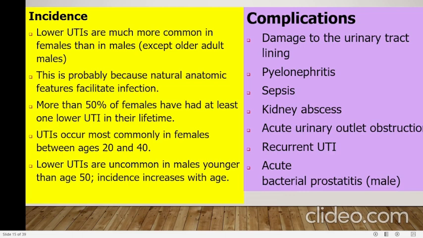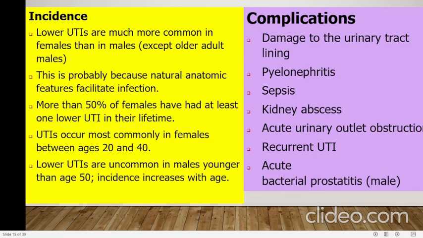Thank you so much. What are the complications of UTI? We have damage to the urinary tract lining. We can develop pyelonephritis, and we're going to discuss these conditions in upcoming videos and presentations.